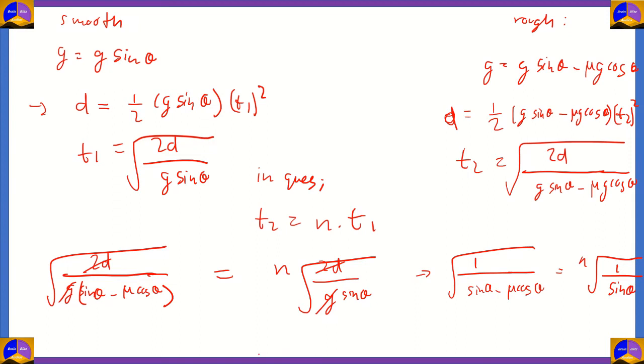Now in this scenario the value of theta is the same. It is 45 degrees. That means the value of sine theta, which is equal to the value of cos theta, is 1 by root 2.